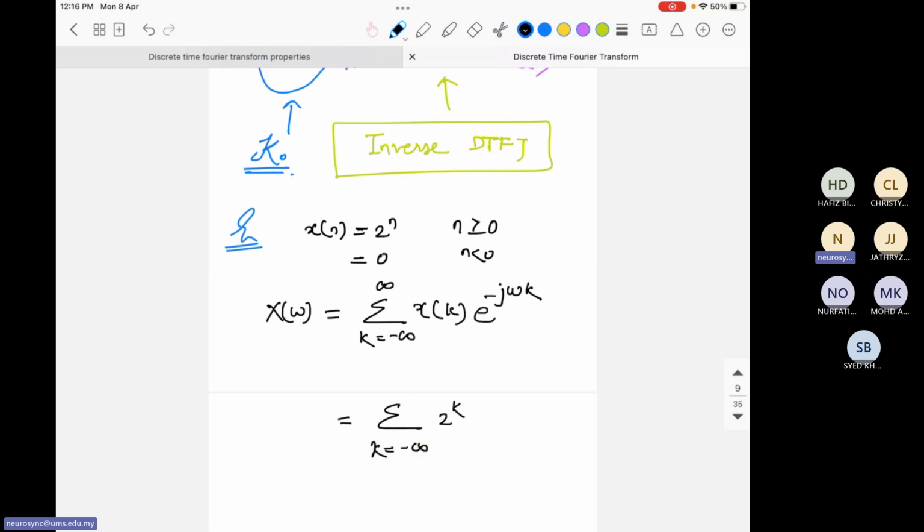The summation over k from minus infinity to infinity of 2 to the power k e to the power minus j omega k. Now I can write this as 2 into e to the power minus j omega, this whole to the power k.